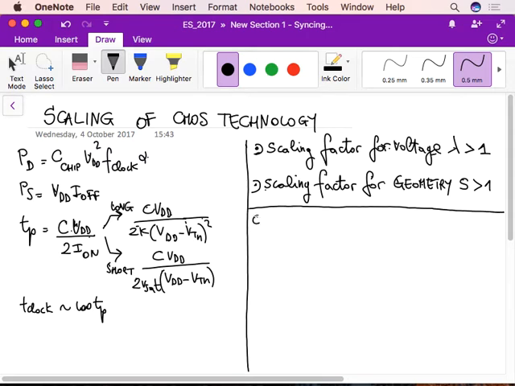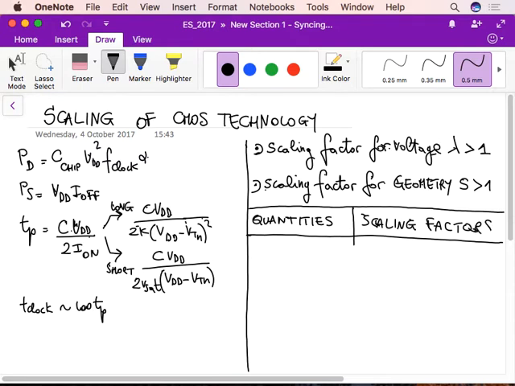So let's consider the different quantities and the different scaling factors. First, geometry. W, L, and Tox are the geometrical quantities.